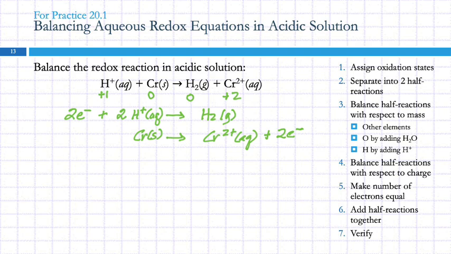Add them together. So the 2 electrons here cancel the 2 electrons over there. Because what's happening is the 2 electrons produced by this half reaction are consumed by that half reaction. That's why they don't show up in the final equation. Nothing else cancels out, so we'll just copy it down.